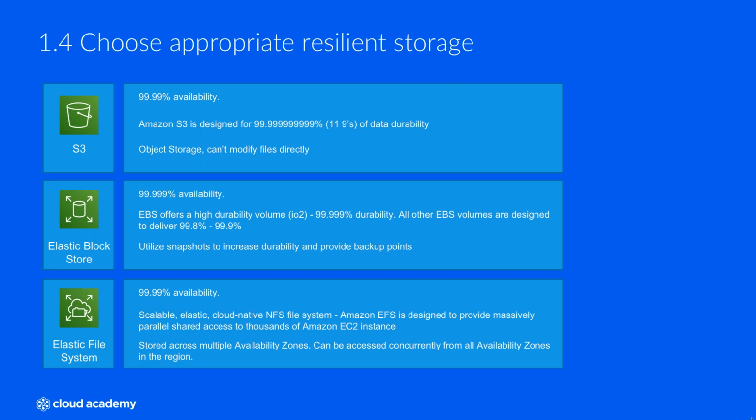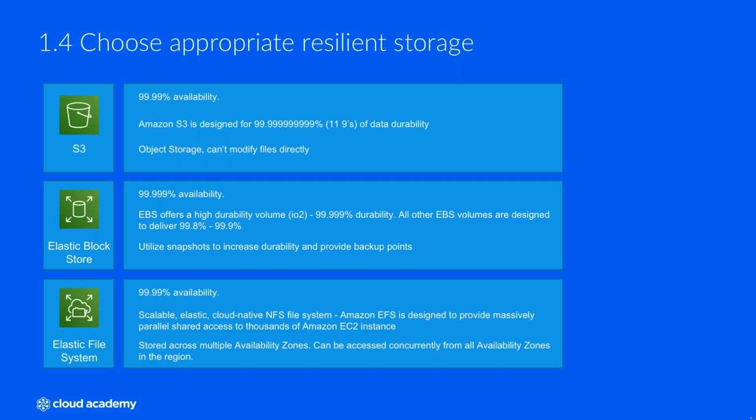And EBS, again, is our one-to-one map hard drive for an EC2 instance. It's super available. It's got one additional 9. Its durability could be considered questionable. If you're using a standard EBS volume, it's like 99.9%, which sounds good, but can be scary if you really like your data. So think about doing snapshots regularly, which is a backup of that data, and those snapshots go into S3, so you know it'll always be there.